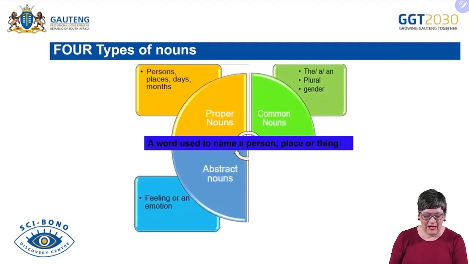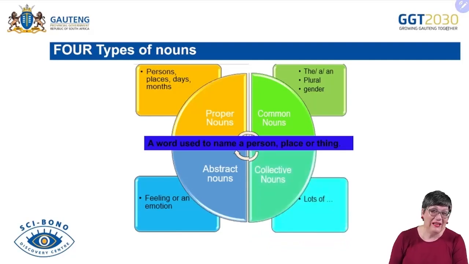Our next type of noun is what we call the abstract noun. Now, this one is something different because this describes a feeling or emotion. So unlike the common noun that you can see and touch and put into a plural, an abstract noun you can't. And abstract nouns are like emotions that you'll be feeling. The next one we're looking at is collective noun.